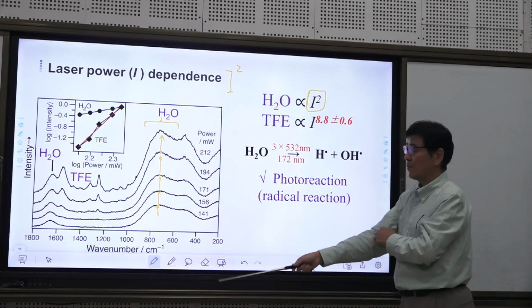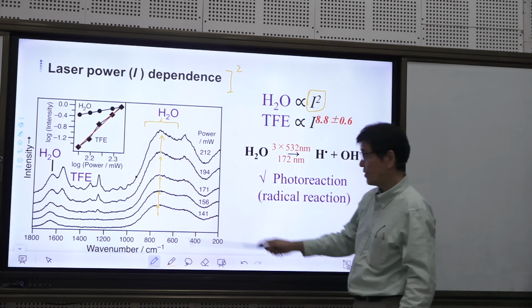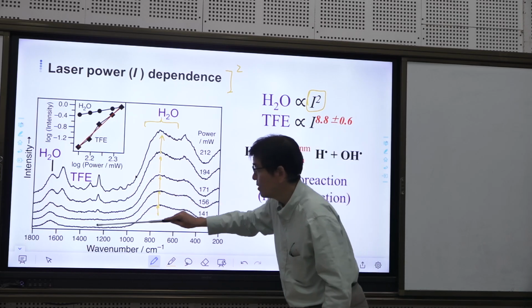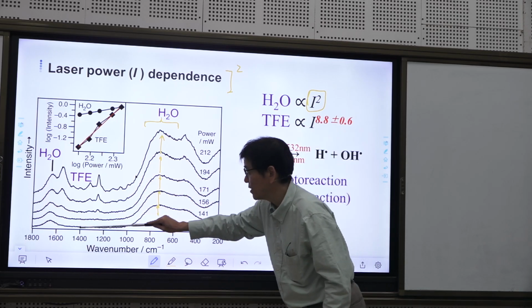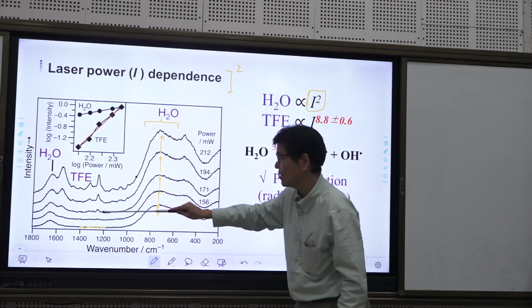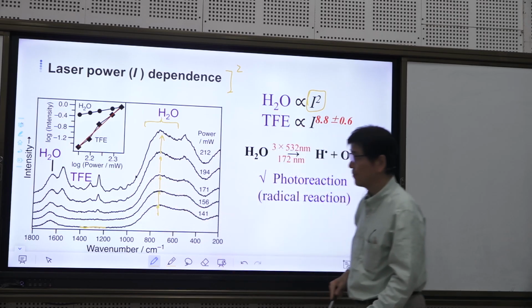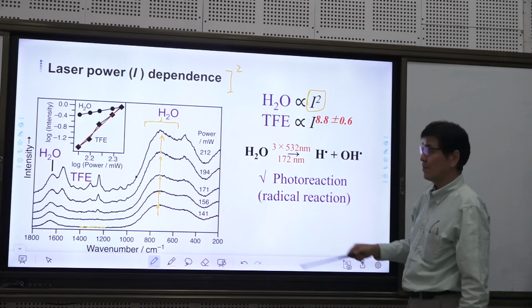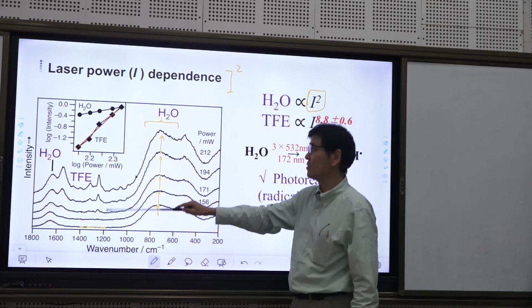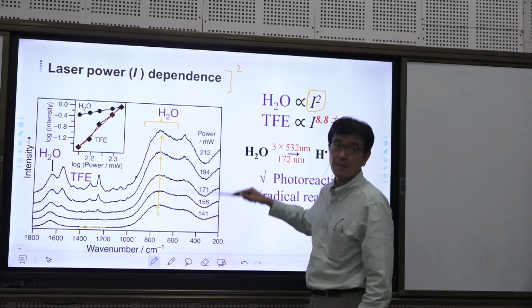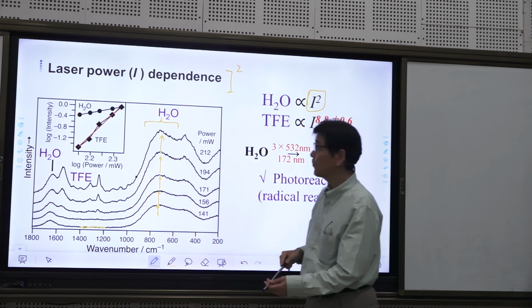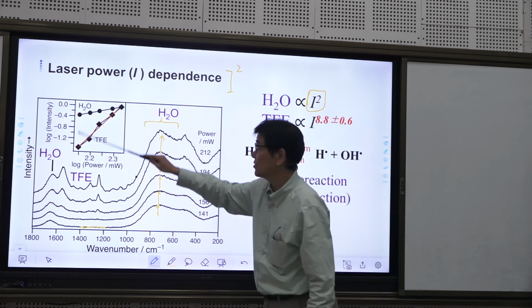Now we focus on the signal of TFE, and you see in the beginning there is no signal, but it appears and suddenly grows. That is, the power dependence is different from a typical hyper-Raman signal. That is shown here.